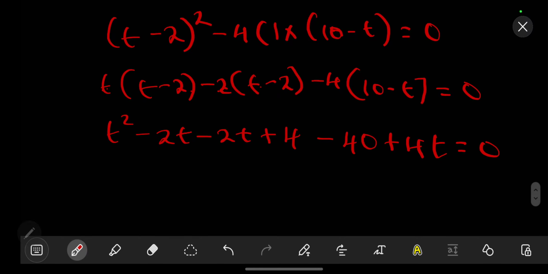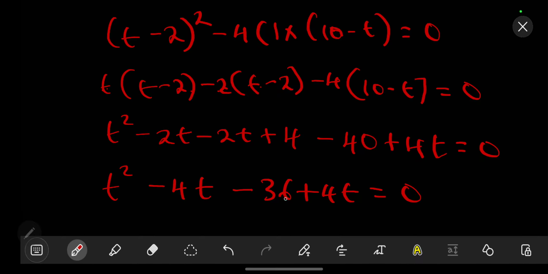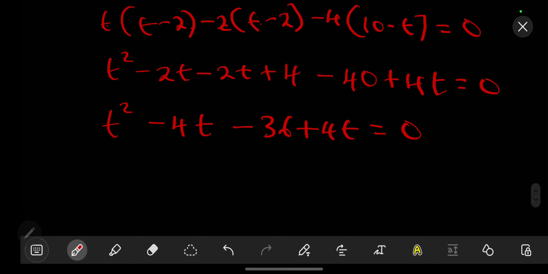After we do that, let's simplify where possible. We have t squared, then negative 4t, then 4 minus 40, which gives us negative 36, then plus 4t, and 40 should be equal to 0. So negative 40 plus 40 is 0.